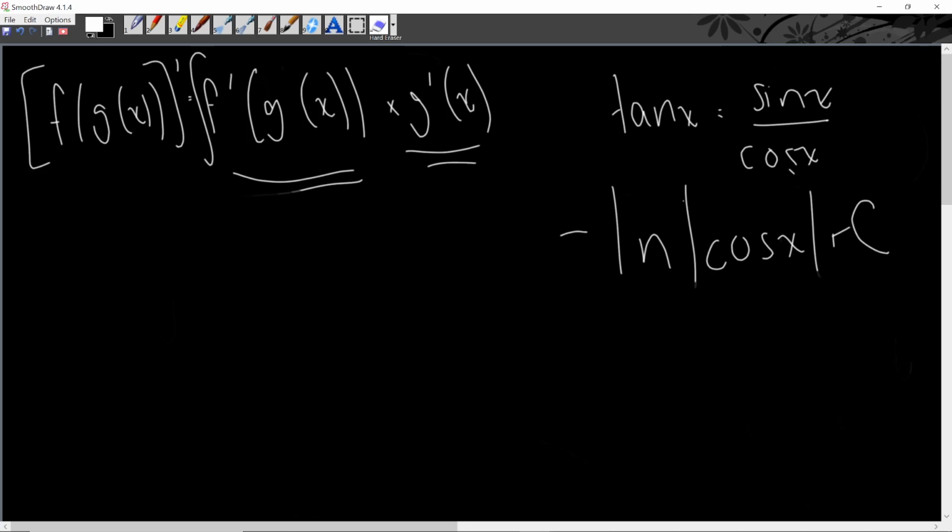So we have to find g prime x, and we have to find f prime g of x. In order to do that, we set the smaller function, or really it can be any function, equal to what would be considered the inside function.